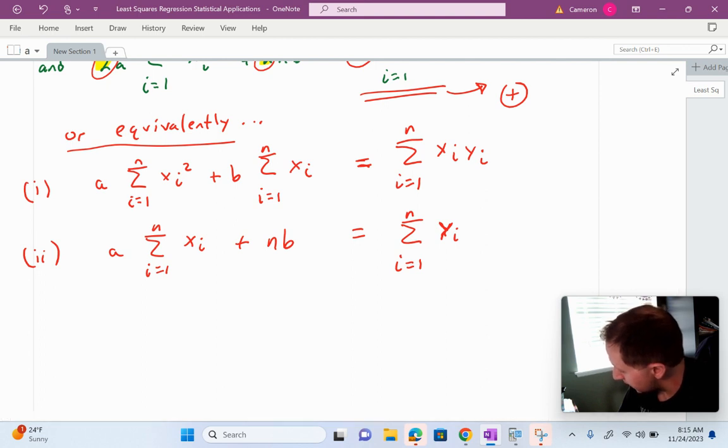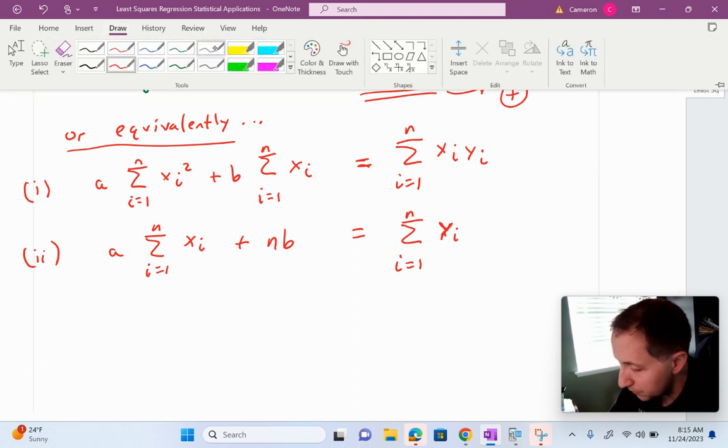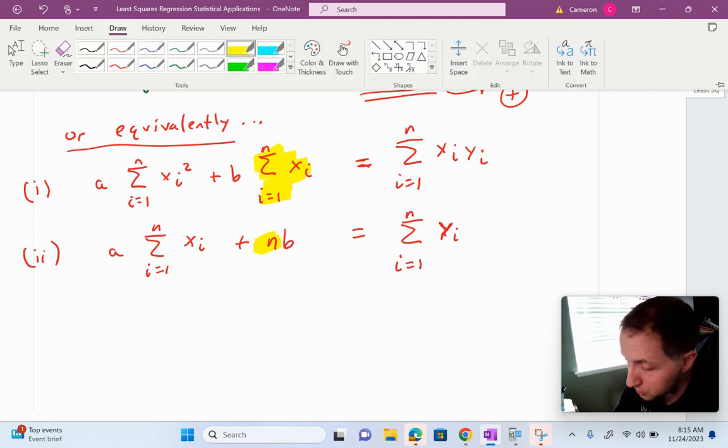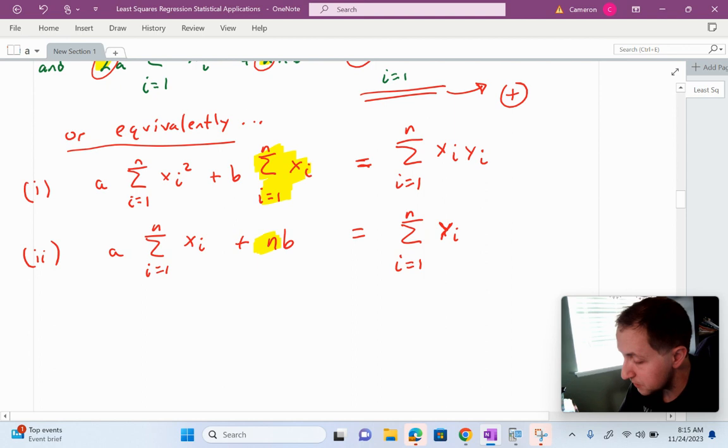When I was doing this, I chose to eliminate b. And so it just takes a little bit of thought and a little bit of algebra to figure out what you would have to multiply the equations by to make that happen. So let's compare coefficients. This one has a sum of x sub i. This one has an n. So I'm going to need them to be opposites. One's going to have to be positive and one's going to have to be negative.